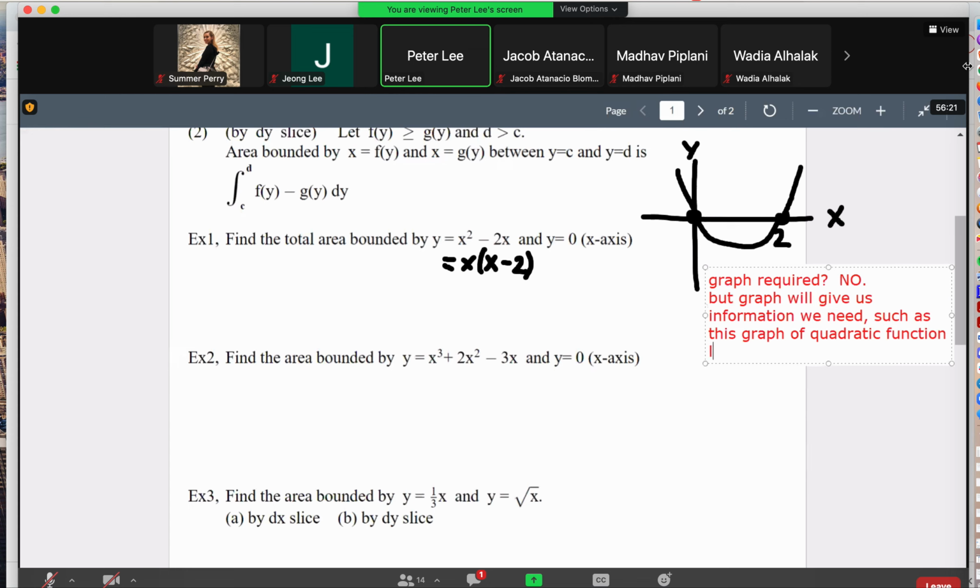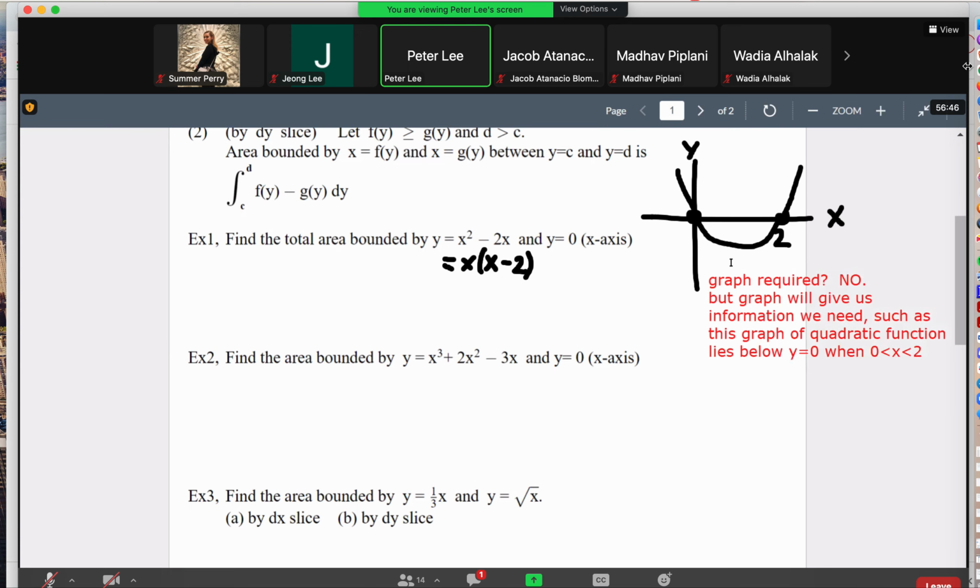Function what? Lies below y equals 0, the x-axis, when what? When 0 is less than x is less than 2. Or equals, not 1, 0. 0 is less than or equal to x is less than 2.